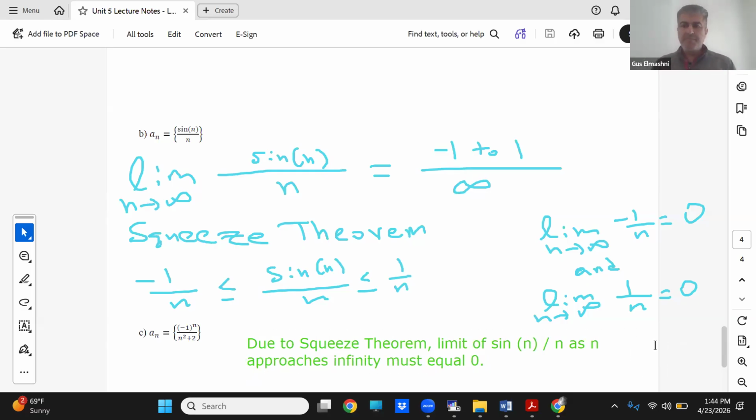Wait, for this paper, it's because it's between the three dots. Correct. Because why do we call it squeeze? Because 1 over n is this.